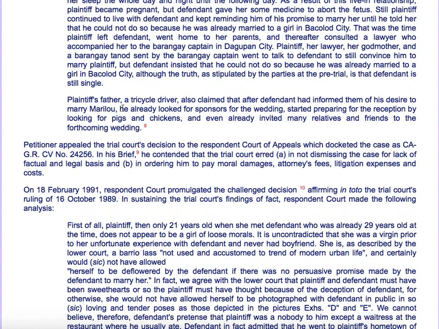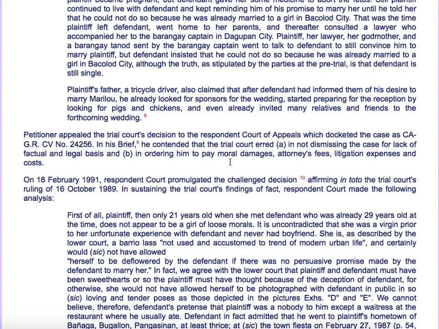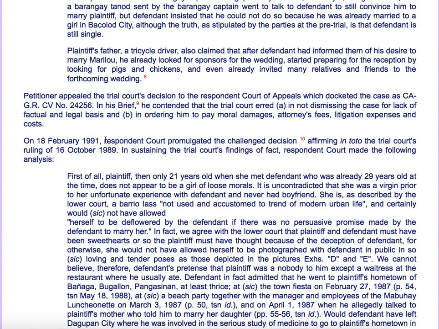All right. So, as we know, Gashem Shukat Baksh lost at the RTC. So, as a petitioner, he appealed the trial court to the CA. Right? And the Supreme Court would tell you that the respondent court, or the CA, affirmed in toto the trial rulings of October 16.